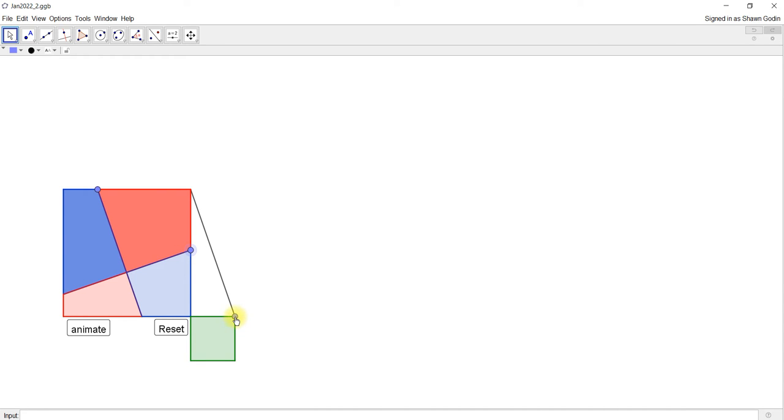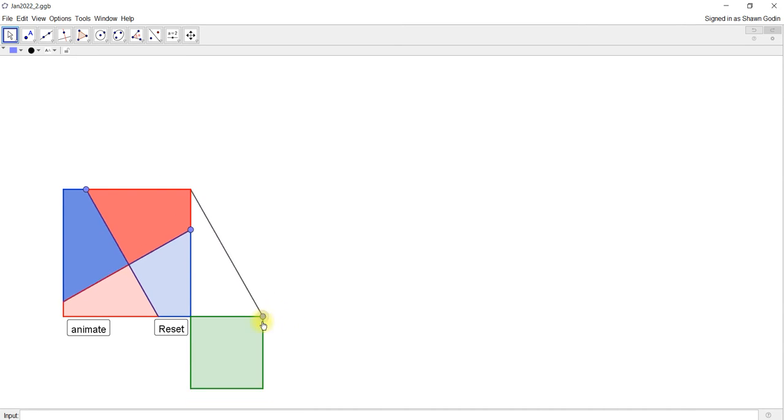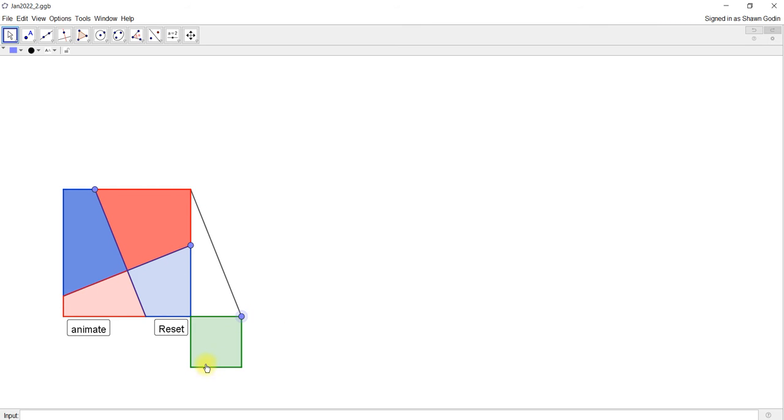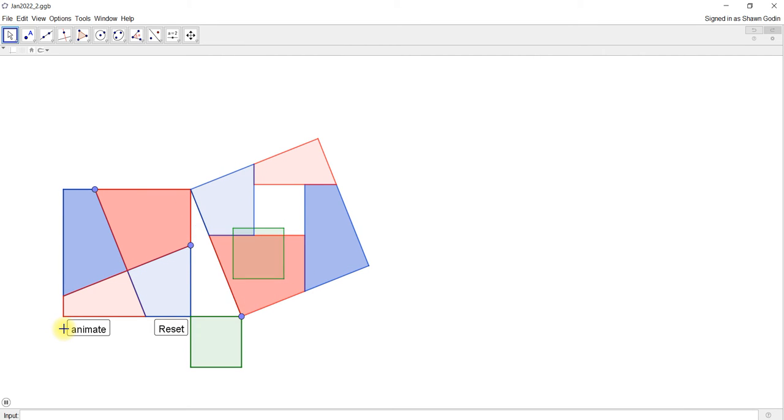We can also change the size of the second square with this. When we get things as we want, we can press animate, and it shows how the larger square on the hypotenuse is equal in area to the other two squares put together.